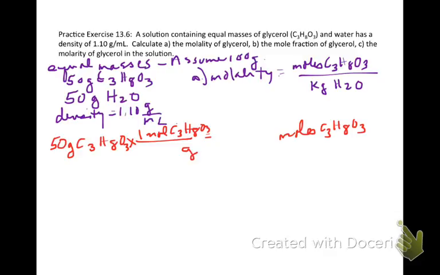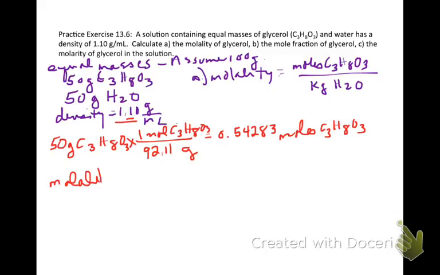So we have a molar mass of 92.11. Using that, we can calculate the moles of the glycerol, 0.54283. Now, I made the assumption of the mass, so it's really assumed to be exact, but because our density is given in 3 significant figures, I'm just going to round the answer to the 3 significant figures.